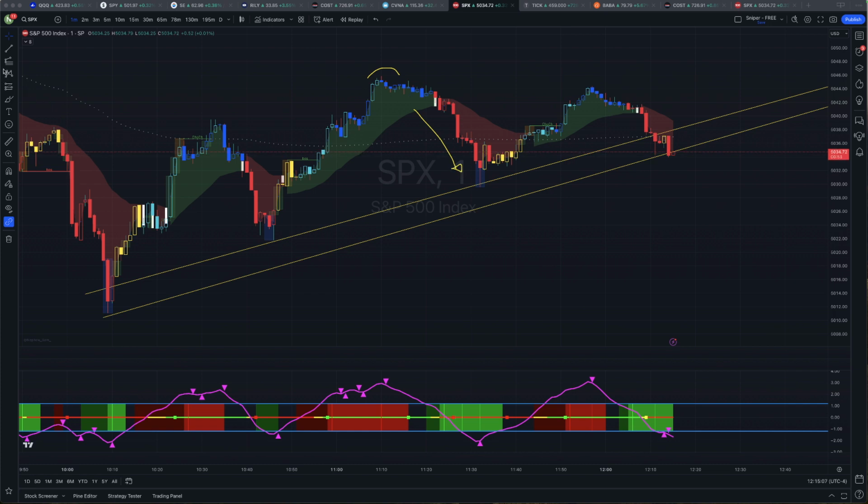And so a continuation of the move for me is a confirmation that we've moved into red candles, like this is to the downside. We've moved into red candles, and we've switched our trend on the 1 minute and then eventually on the 2 minute if it's more of a trend day.